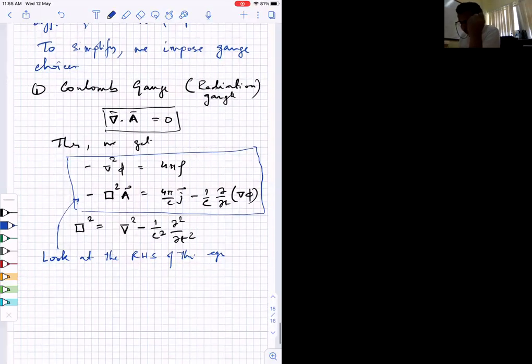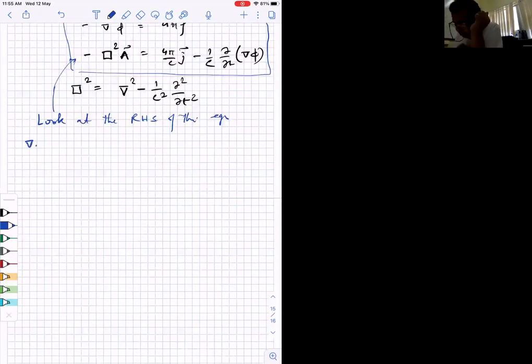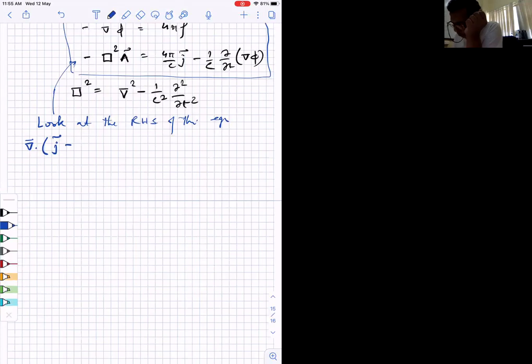What I can write is divergence of J, so I'm going to basically take this 4 pi and c together. So J minus del phi del t.